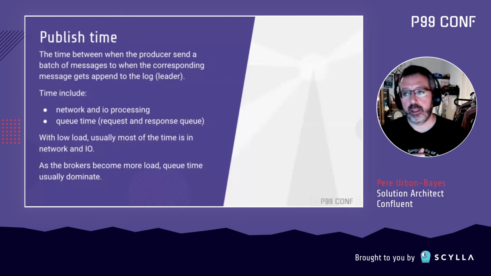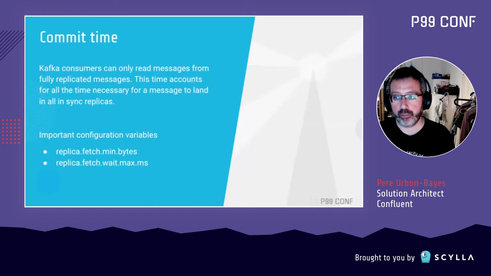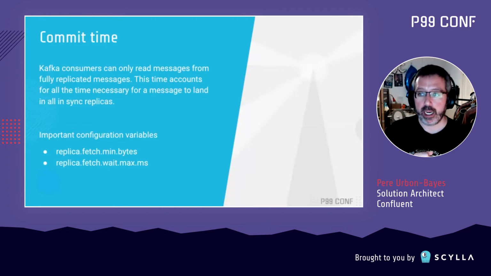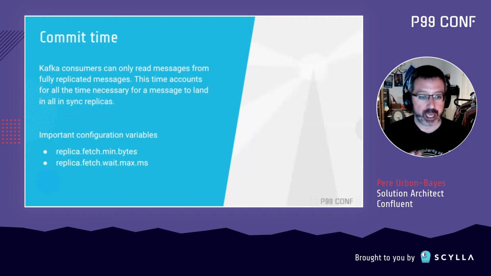Another important topic to understand for latency is the commit time. The consumers will only be able to read messages that are committed, and committed means replicated to all in-sync replicas. Important metrics or configuration variables to understand this are how fast I'm replicated. They don't have to be changed in most cases, especially if you are staying below 1 megabyte in Kafka.